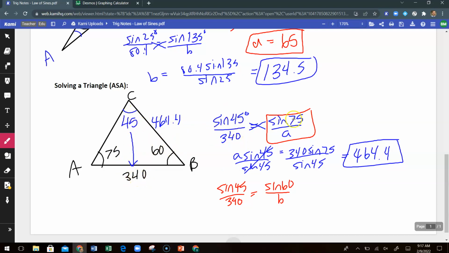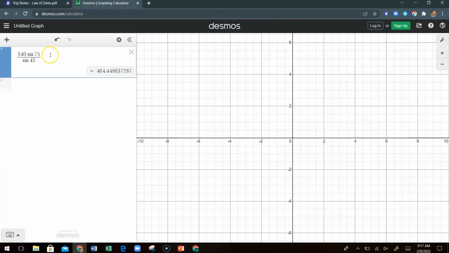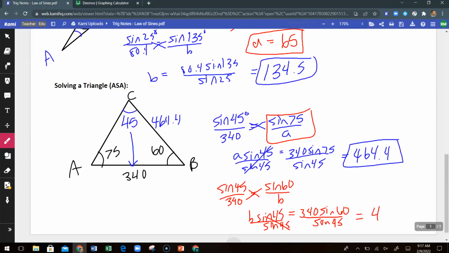I like to use that instead, but that's up to you. Again, cross products and then divide. So B times the sine of 45 is equal to 340 times the sine of 60, and then divide by the sine of 45. And that's going to give us 340 sine of 60 over sine of 45, so I'm just going to change my 75 to 60, and I get 416.4 this time. And that is side length B.